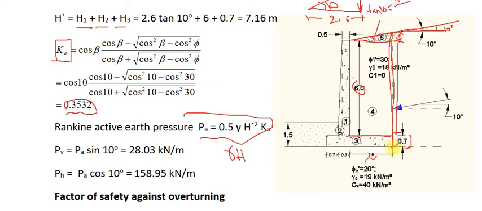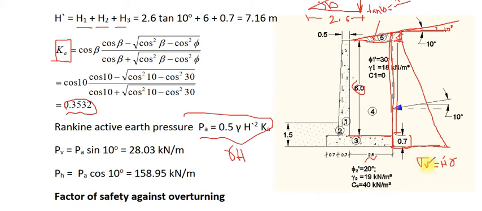But at this point, sigma vertical equals H dash multiplied by gamma. This is the vertical stress; here it equals 0, and here is the maximum value of sigma vertical.